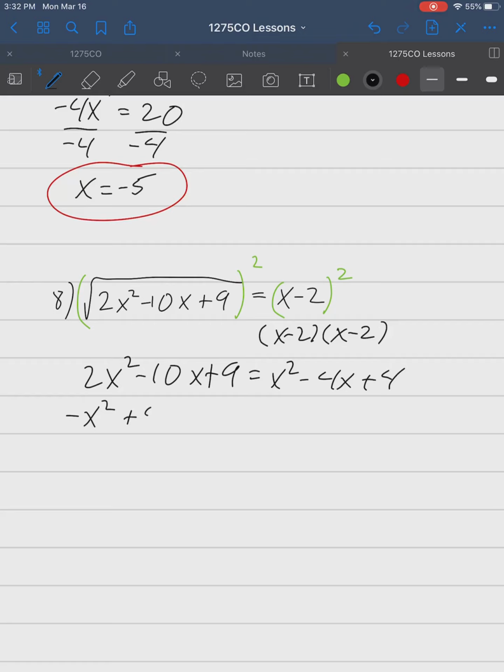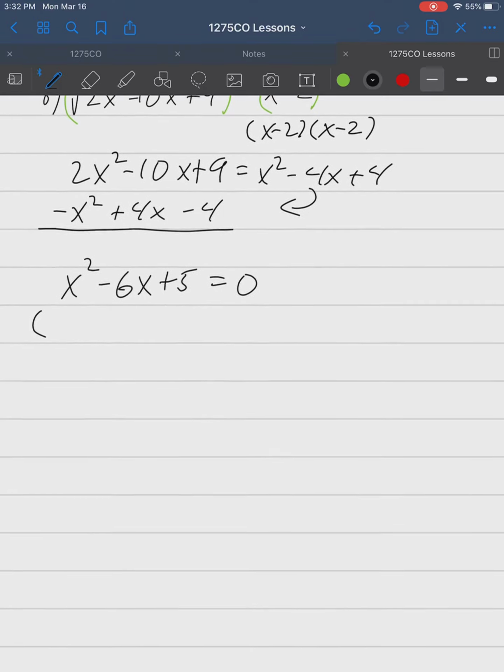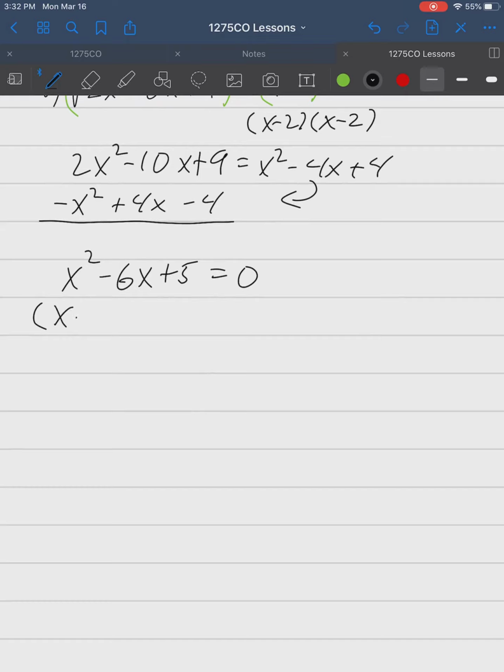Subtract x squared, add 4x, subtract 4. This is moving the right side to the left side. And we're going to get x squared minus 6x plus 5 is equal to 0. Once again, a quadratic equation that is factorable. X minus 3 and x minus, no, that's not right.